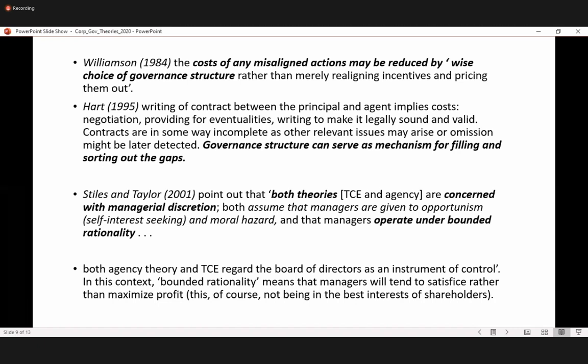So the cost of any misaligned actions may be reduced by wise choice, by sound judgment on corporate governance structure, rather than merely aligning incentives and pricing them out, rather than just making the benefits more and more hefty and really competitive. Well, look at the governance structures.